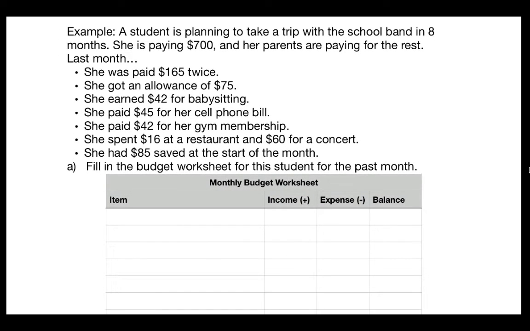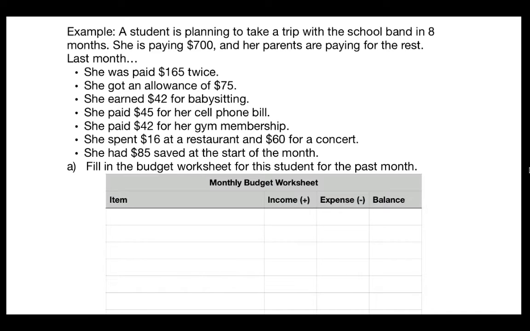We've got a student who's planning to take a trip with a school band in 8 months. And this person is going to pay $700 of it themselves, and then her parents are going to be paying for the rest. So in the last month, she was paid $165 twice.